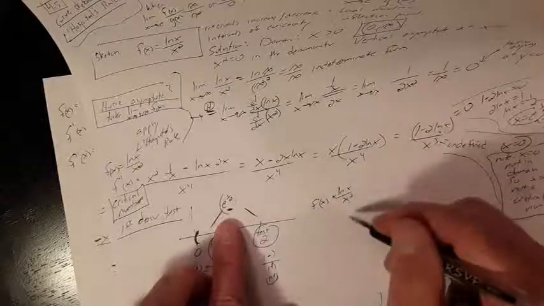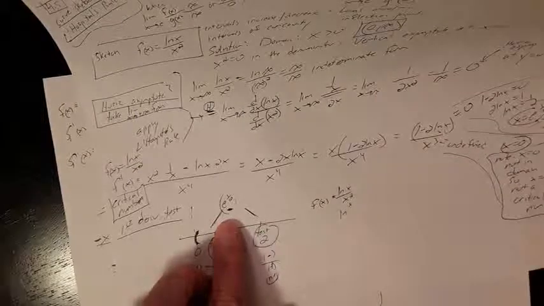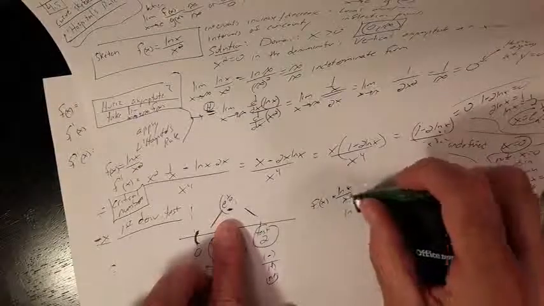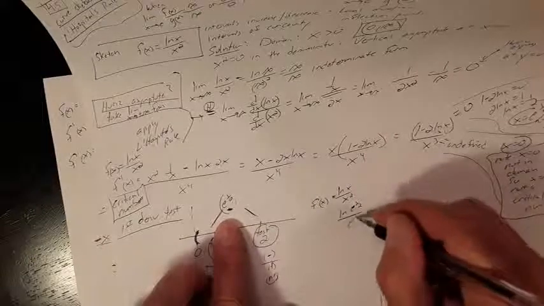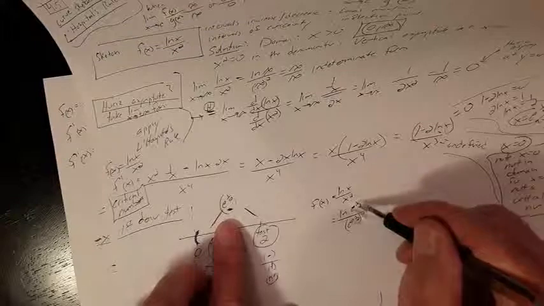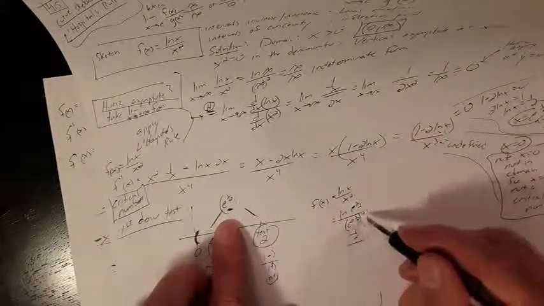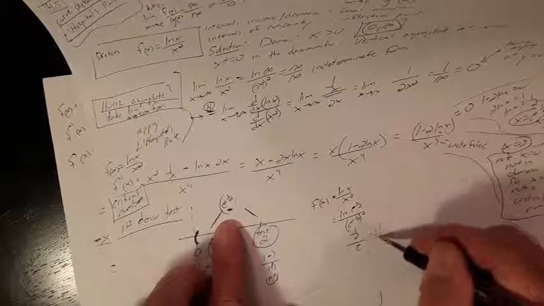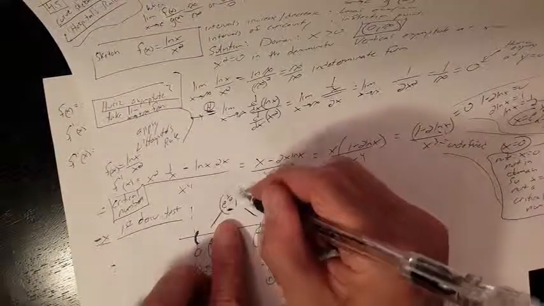So at e to the 1/2, this is the ln of e to the 1/2 over e to the 1/2 squared. So this is 1/2 the ln of e. This is 1/2 over e to the 2/2 over e. This is 1 over 2e. So this y value here is 1 over 2e.